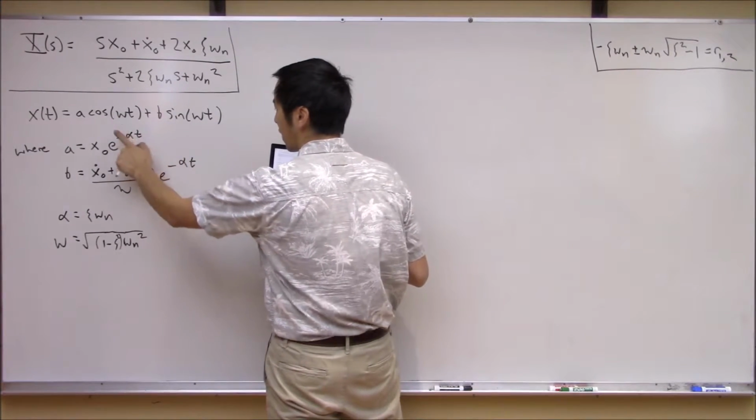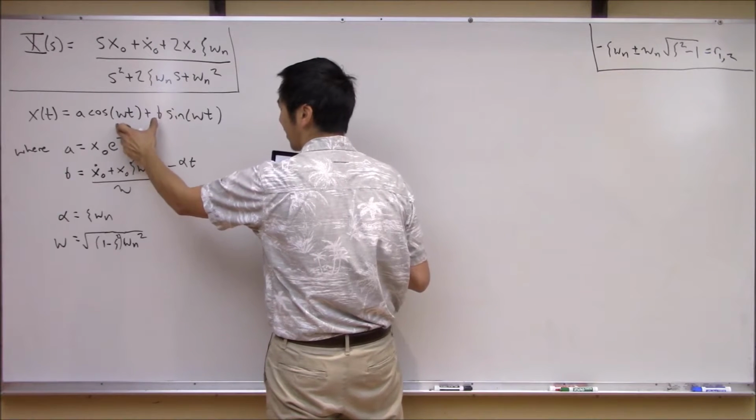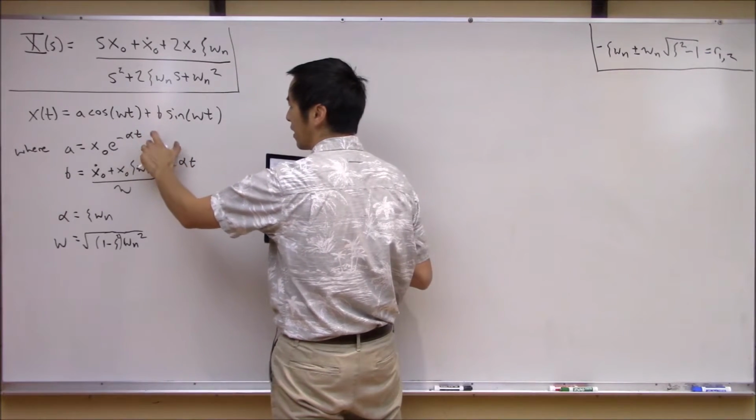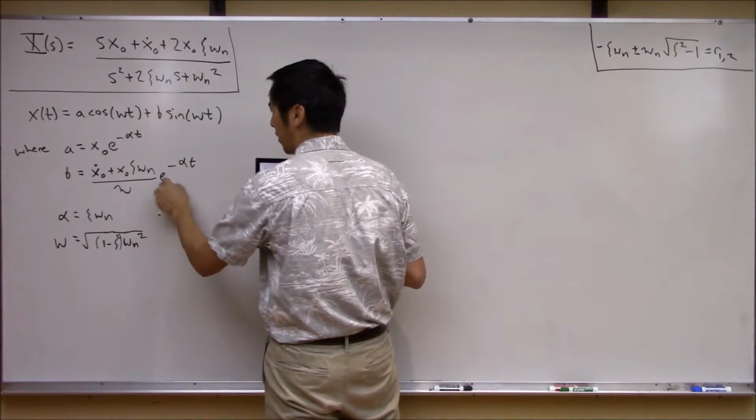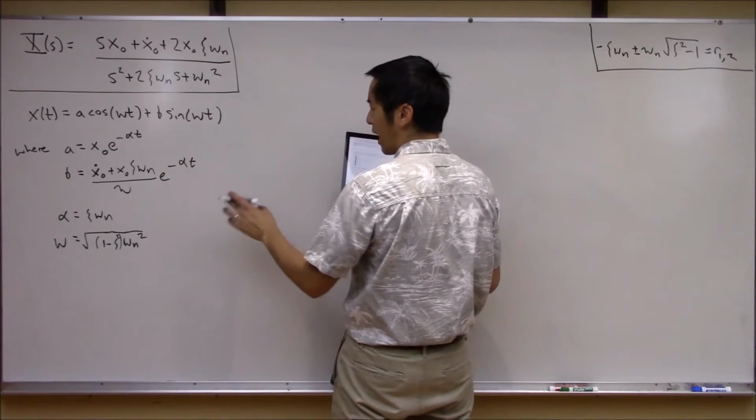Again, notice that this is basically a cosine and a sine wave added together, and furthermore, both of the coefficients have this e to the minus alpha t. So we could actually pull that out.